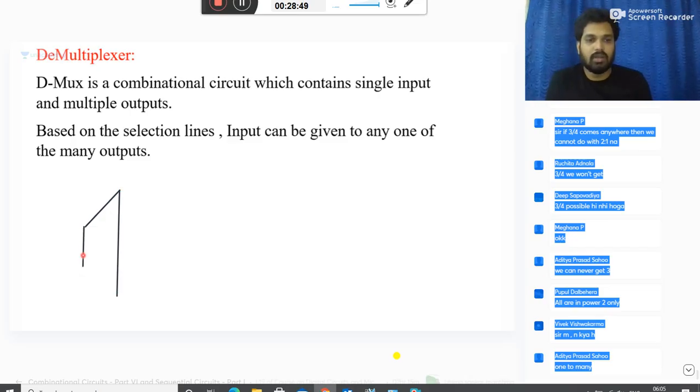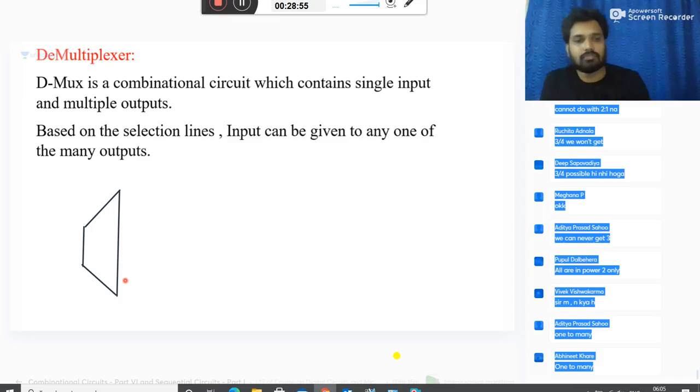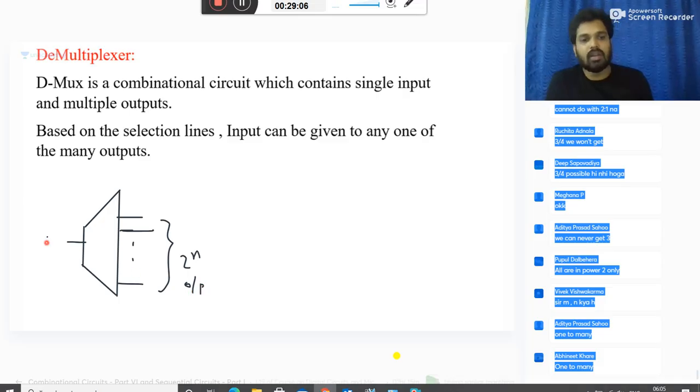It will be represented like this. You will have a single input, given to 2 power n number of outputs. This input can be transferred to any one of these 2 power n outputs, selected by selection lines.